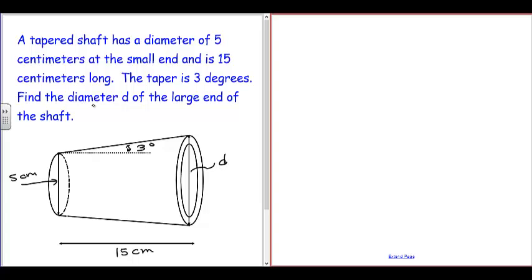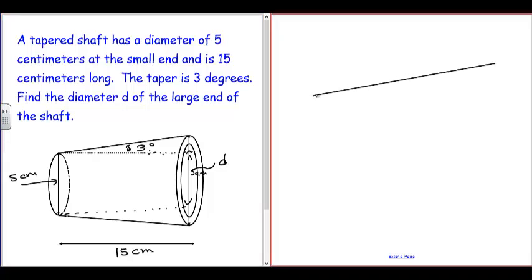Okay, find the diameter of the large end given you have the diameter of the small end. What we're going to do is create a right triangle here. If I extend this straight without the taper, this dimension is going to be 5 centimeters. Then the right triangle is made just by the taper part.